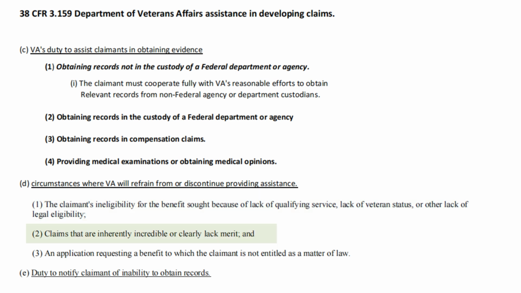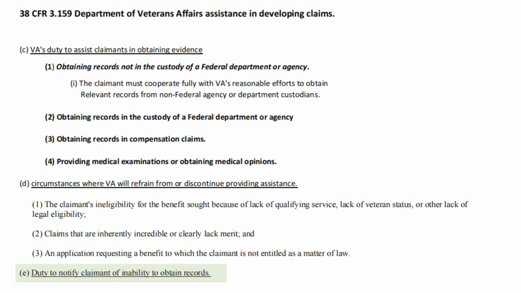Number two, claims that are inherently incredible or clearly lack merit, all right? And an application requesting a benefit to which the claimant is not entitled as a matter of law. Then it says duty to notify claimant of inability to obtain records. So again, in one of those scenarios I gave you, when they go out to the doctor's office and try to get some records, and the doctor doesn't respond, then they have a duty to notify you of inability to obtain records because that doctor didn't send them back.